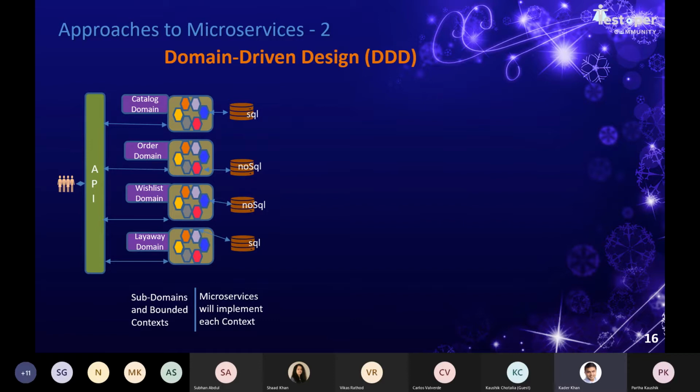Is my understanding right? The domains are business domains. Okay, so not code domains. So within a business domain like catalog domain, there would be multiple sub functions, business functions, which will translate into code microservices. Okay, got it.